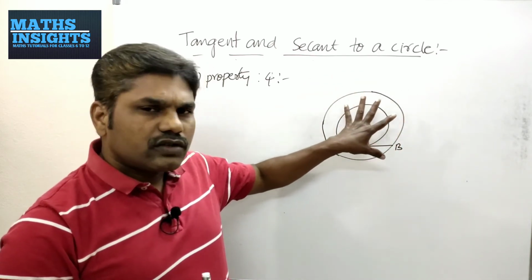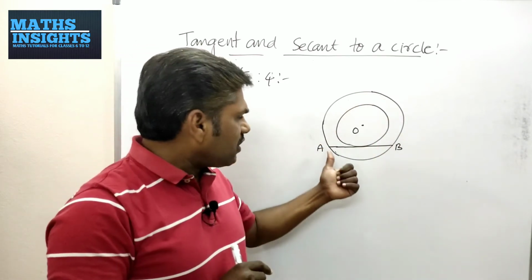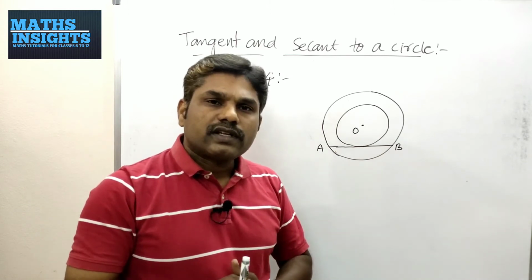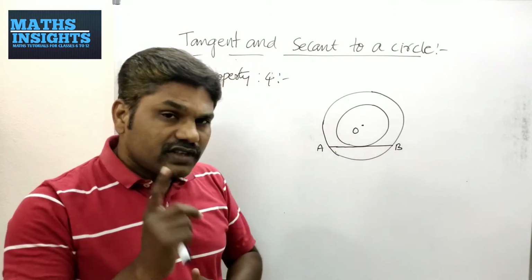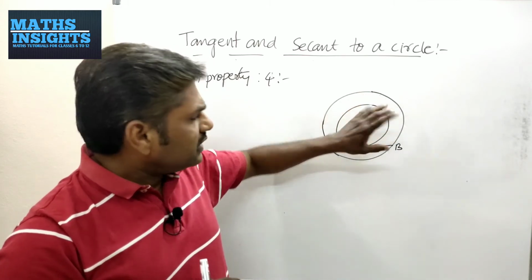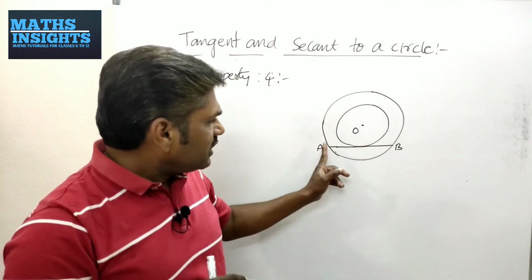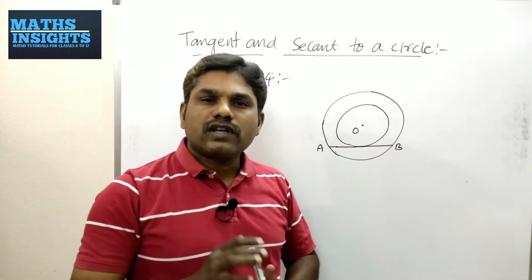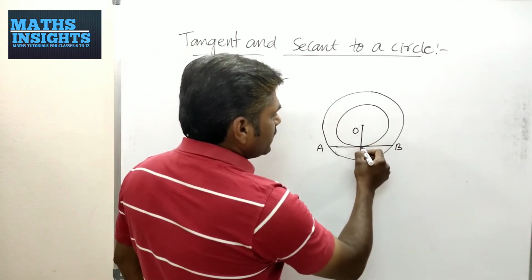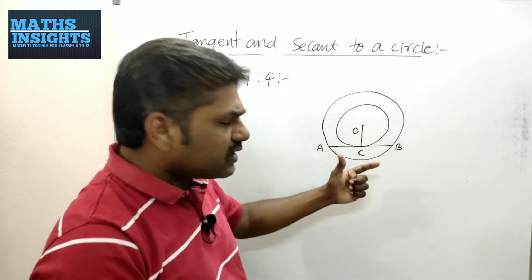By taking two concentric circles, if you draw a chord of the bigger circle in such a way that it touches the smaller circle, then the point of touching will divide the chord into two equal halves. Let it be the point of contact of the smaller circle and the chord.